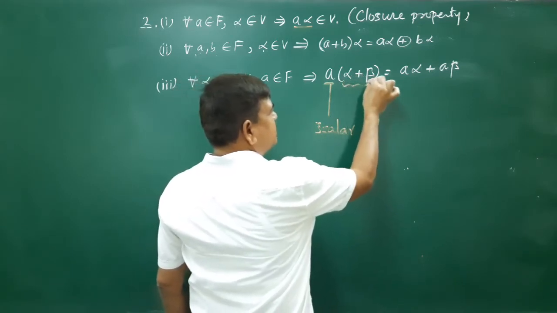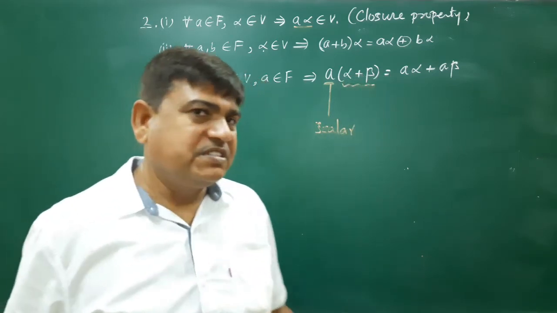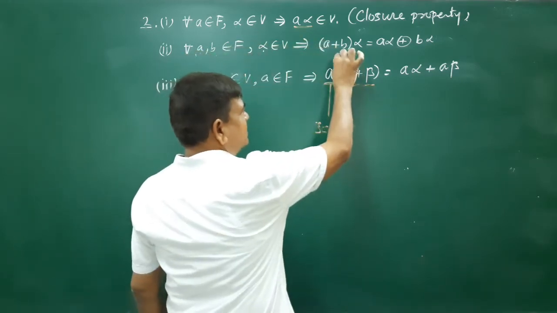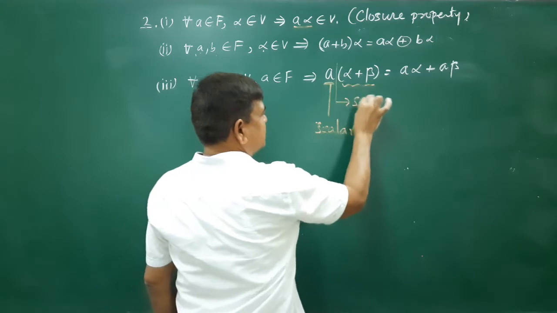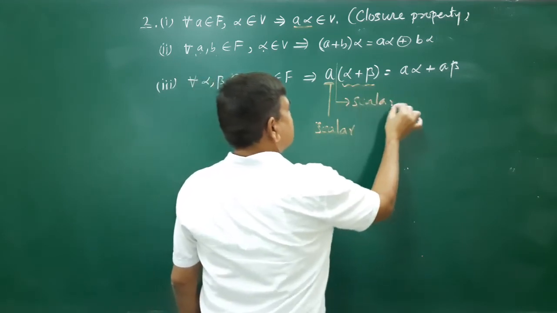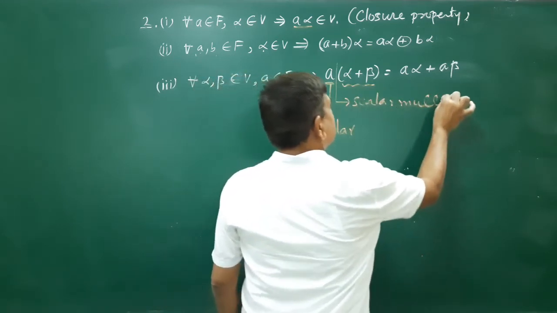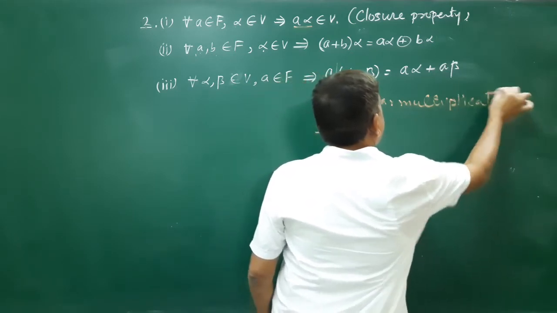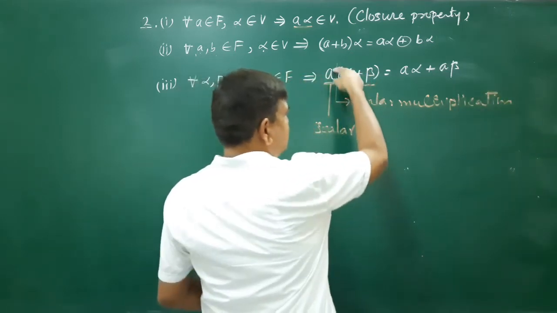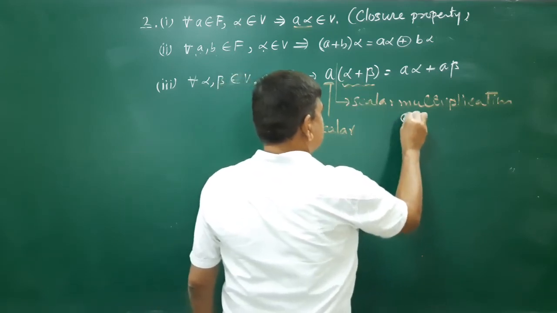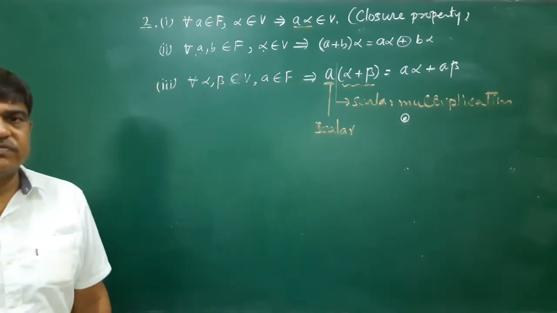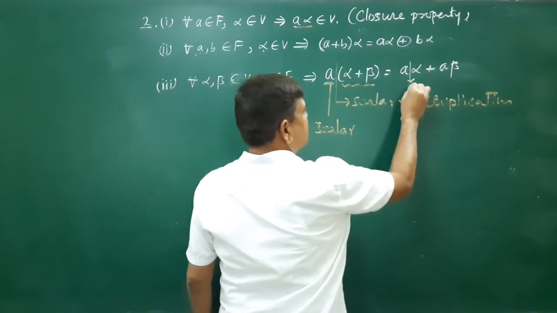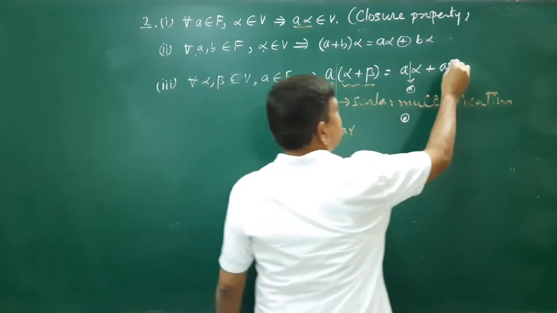Vector, so sum of two vectors means here sum of two matrices is again a matrix. If this is matrix, here scalar multiplication. Scalar. So sign is not used, means here this one is used. Here also sign is not used, but we know that this sign is used.